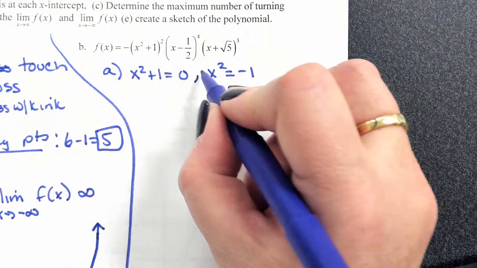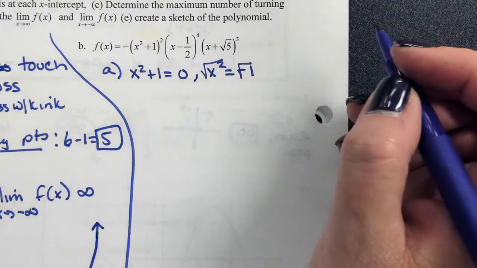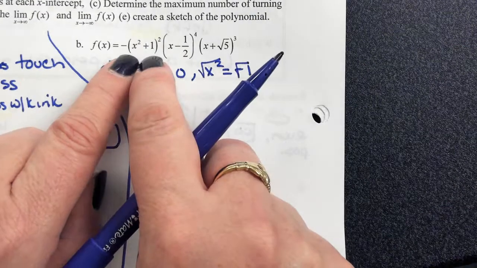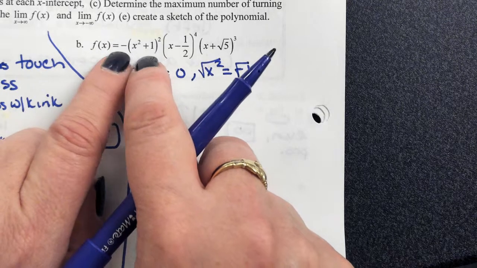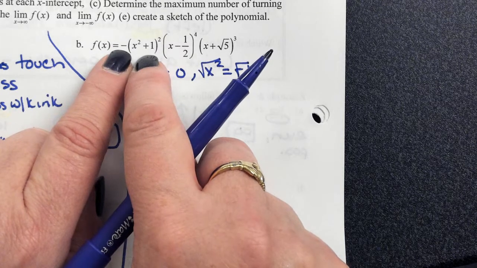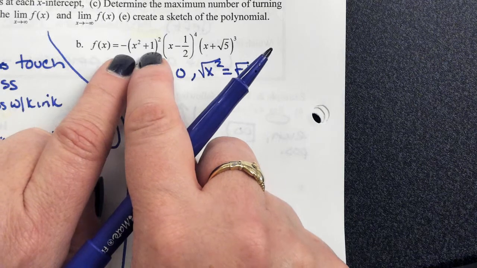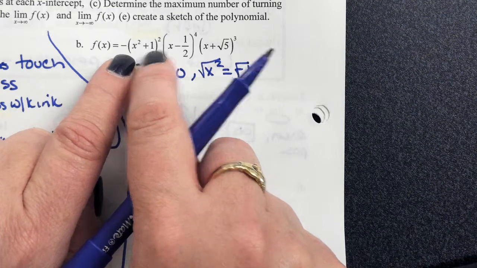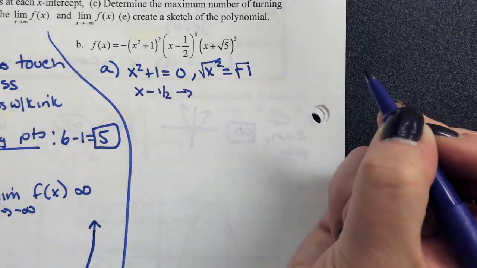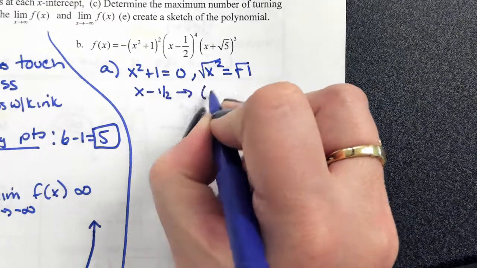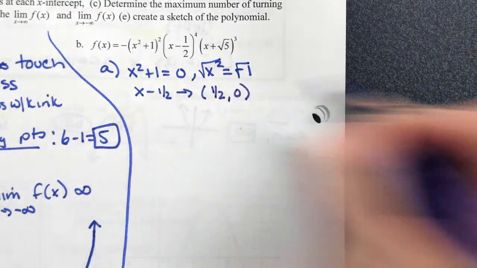When I take the square root of a negative number, what ends up happening? They're imaginary. There are no x-intercepts coming from x squared plus 1. So just because it's in factored form doesn't necessarily mean you're going to have a factor that has an x-intercept from it. Okay? So my next one is going to be x minus 1/2. So my x-intercept here is going to be at 1/2 comma 0.